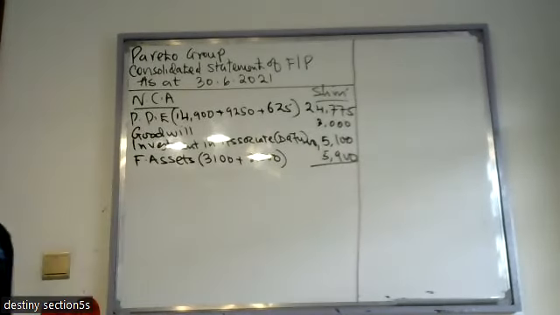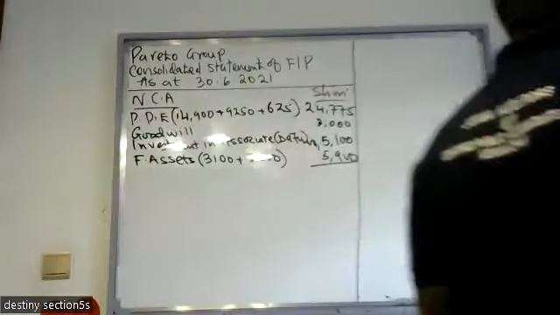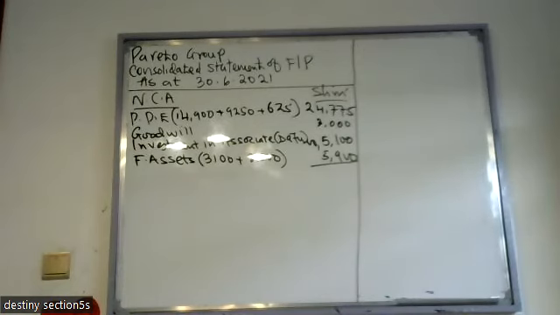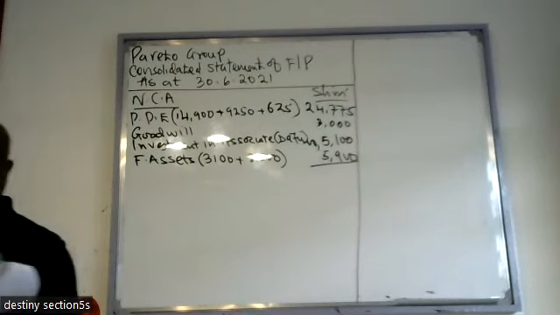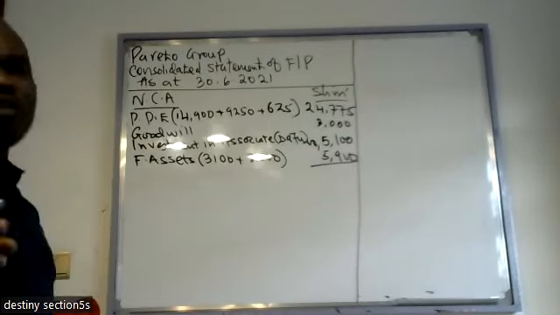Can you add for me the non-current assets figure? Thank you. 38,775.